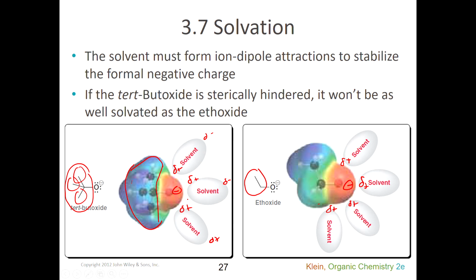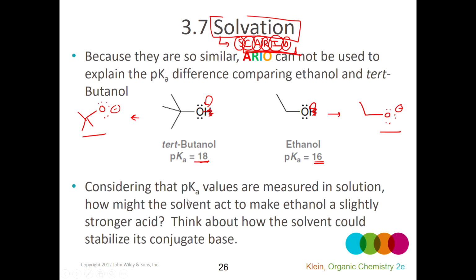And so that means, if I look at the Pka values, the negative that would form here would not be as effectively stabilized. So it would be often picking that proton back up, which means it's not a strong acid. It's not going to lose the proton and keep it lost. It's going to pull it back. And so its Pka is just slightly higher than the other molecule's Pka.